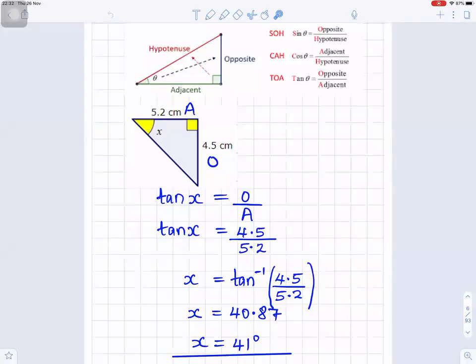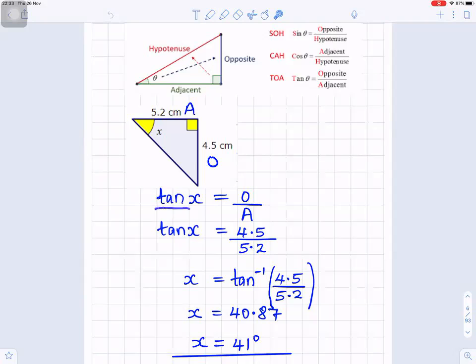For this next one, you look at the angle, and opposite the angle is 4.5. So the opposite is 4.5 centimeters. The adjacent is 5.2 centimeters. So you know O and you know A. You choose the one that has O and A. That's TOA.